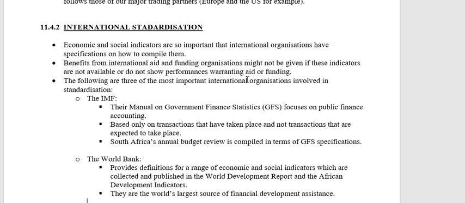And if your country cannot provide these indicators because you haven't calculated them, you might not qualify to receive financial aid from international organizations. In another case, you might have your indicators available and your indicator doesn't show a performance that is bad enough. In other words, your performance of the country is not bad enough to warrant them providing aid. They obviously have to provide financial help to the countries that need it the most. So they need to look at the indicators to identify the countries that need it the most.